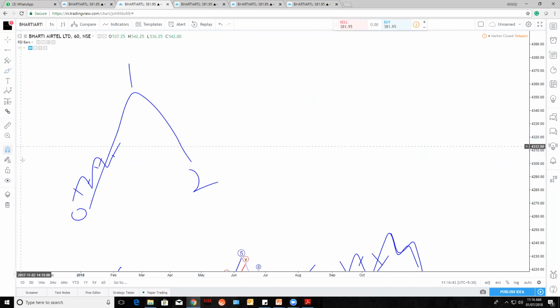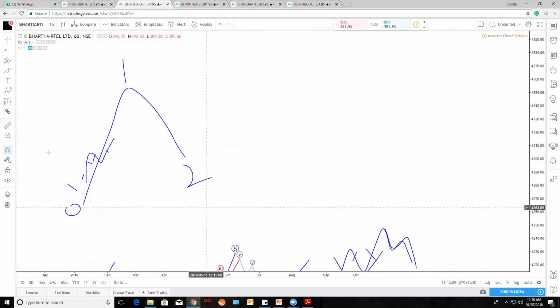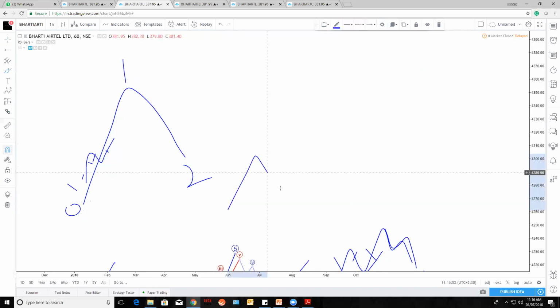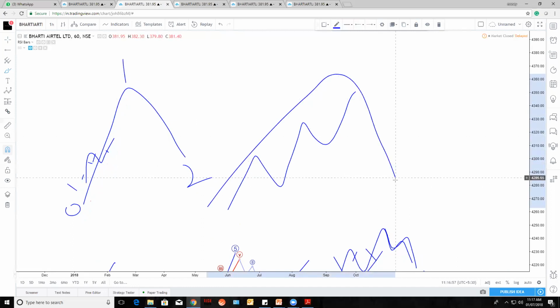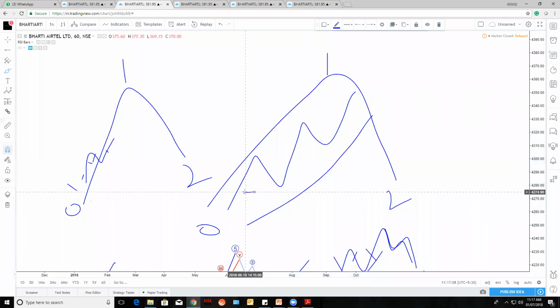Got it? So internally it means, let's say the structure is looking like this. Internally, in the smaller proportion, it is looking like this. So this is your 0, this is 1 and this is 2. It is an impulse wave as of now. The impulse wave should contain a 5 3 5 3 5 structure, meaning internally it has 5 waves, 3 waves, a 5, a 3 and a 5 wave.